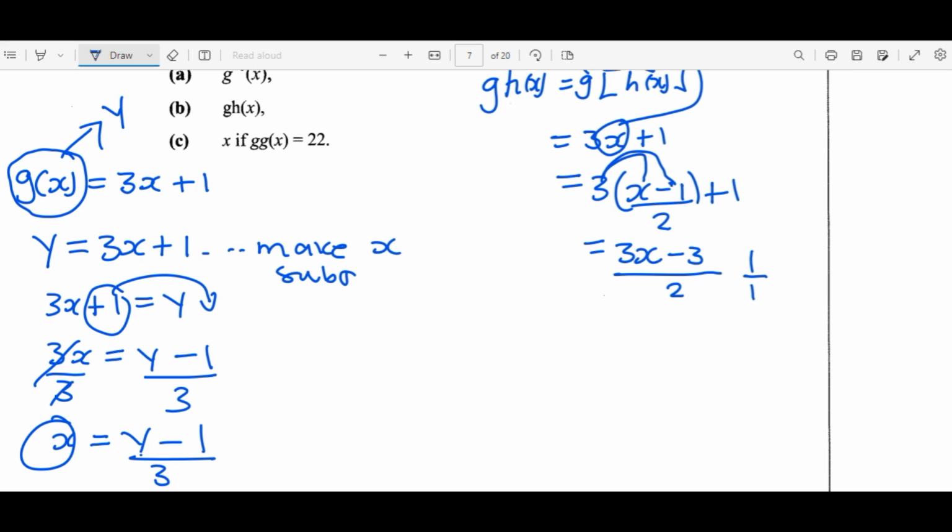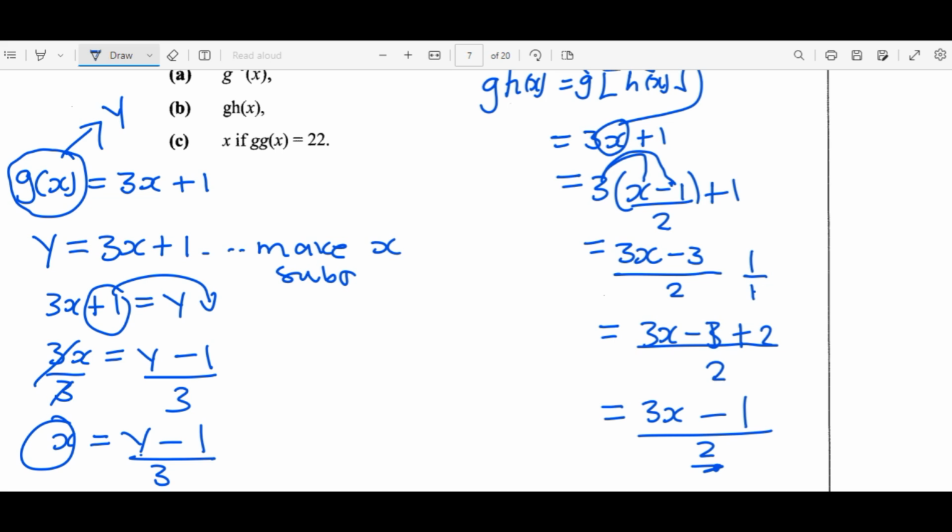So we need to find the lowest common denominator, which is 2. 2 into 2 is 1 times 3x, which is 3x. 1 into 2 is 2 times 1 is plus 2. Negative 3 plus 2 is negative 1 over 2. So this is our final answer.